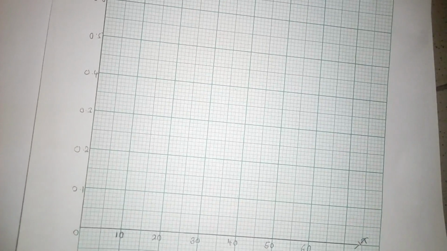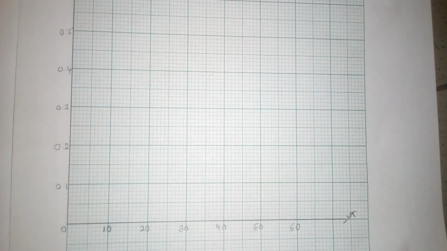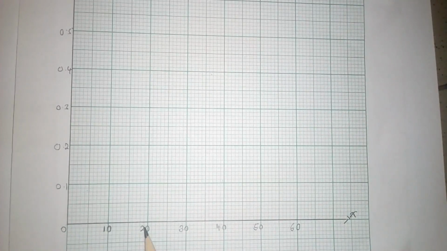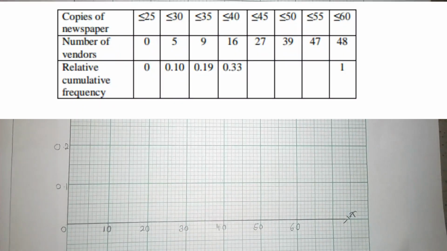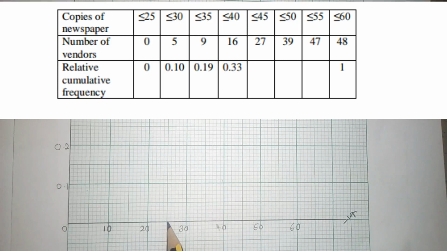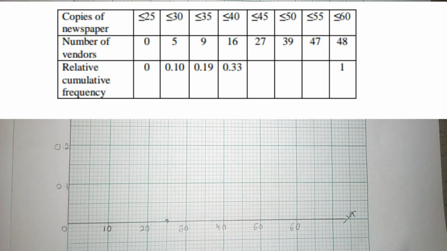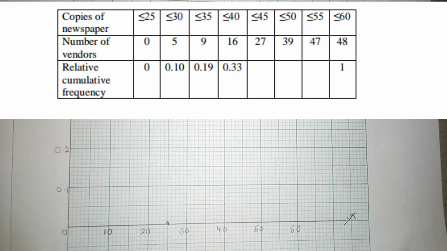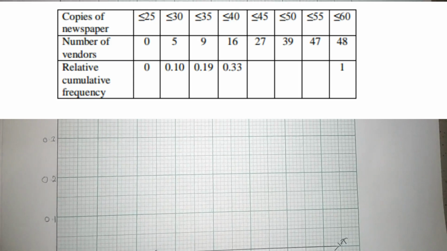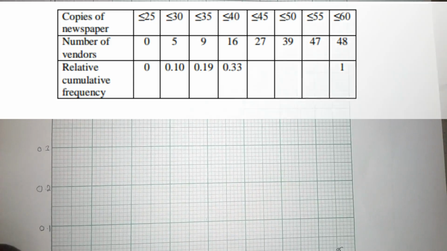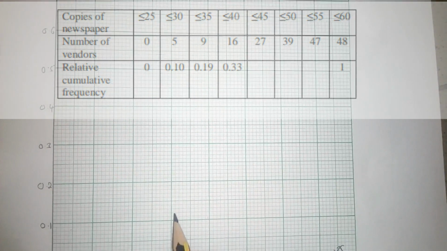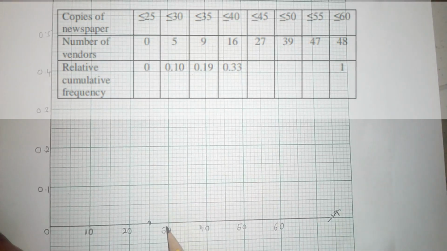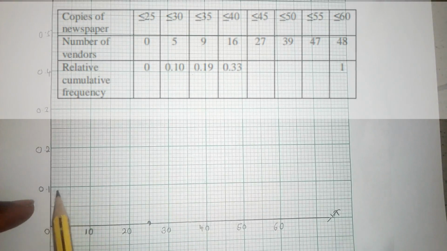So we can start. Where is our 25? 20 is here. 25 is supposed to be in between 20 and 30. So 25 is here, and 0 is here. 25, 0. The next is 30, 0.1. So 30 is here, and 0.1 is here.